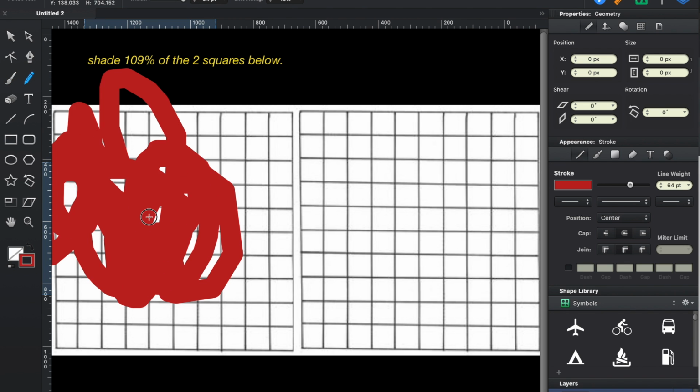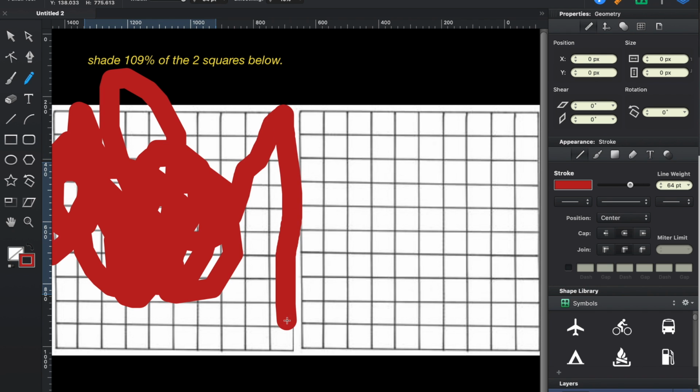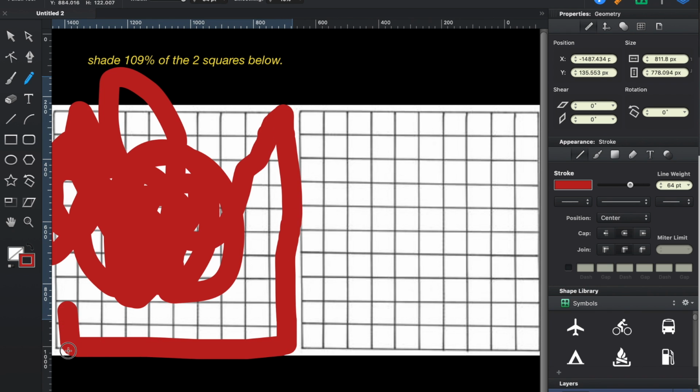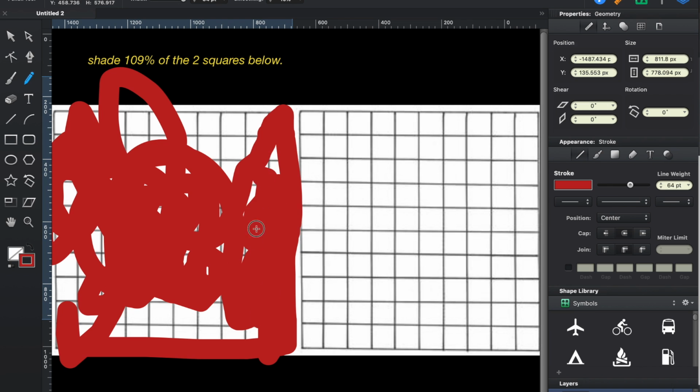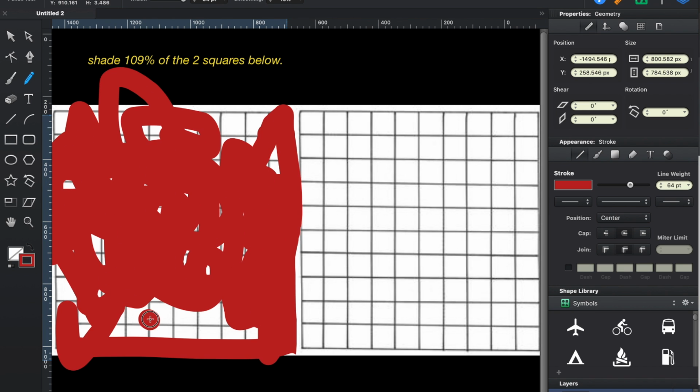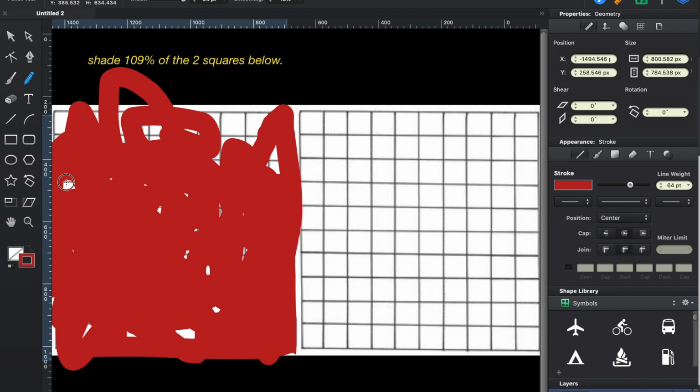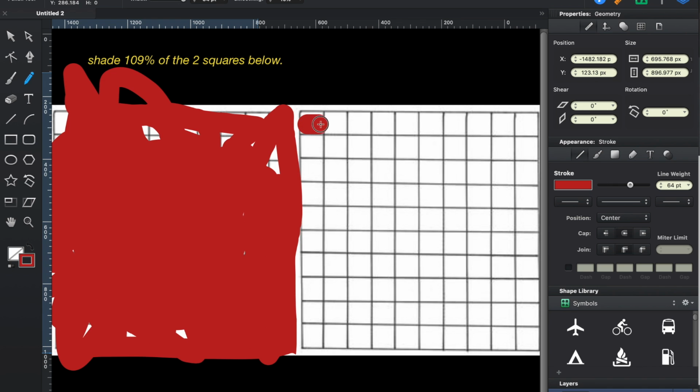So you just shade in all of that, but don't shade in that other square. We're almost done shading in this square. Okay, just fill in a few more gaps. I don't think these gaps really matter. Now we can shade in 9%. So we can shade in 9 squares like that. Okay, so that's done.